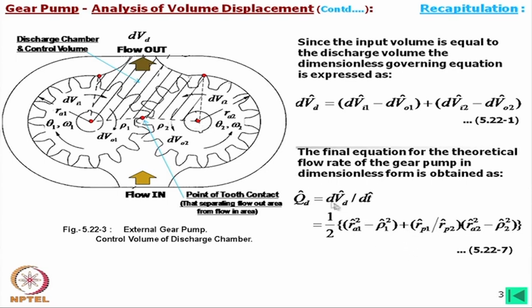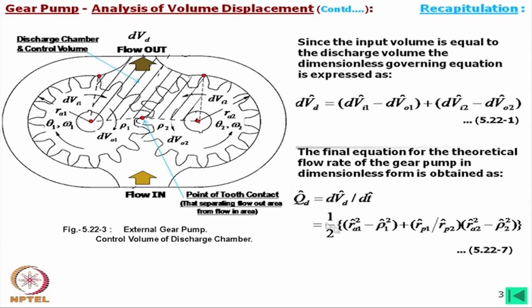So, if we would like to equate in this way, at each and every instant we have to calculate these two, rho 1 and rho 2, because the other dimensions are fixed. If these two are varying, naturally this dimensionless flow is also varying.